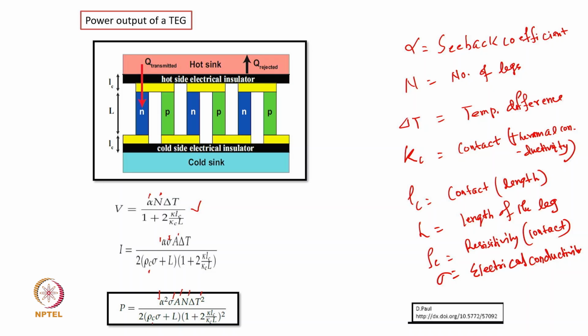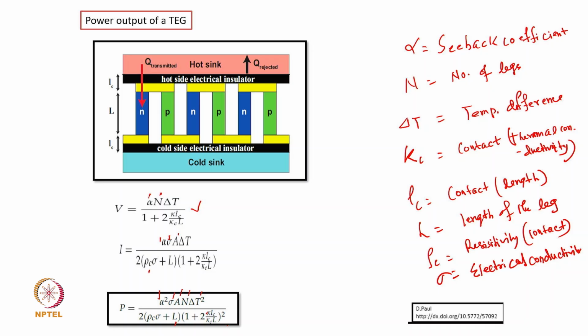It depends on contact resistivity, electrical conductivity, length of the leg, and thermal conductivity of the contact material. So, all these quantities contribute to the power output of a thermoelectric generator device.